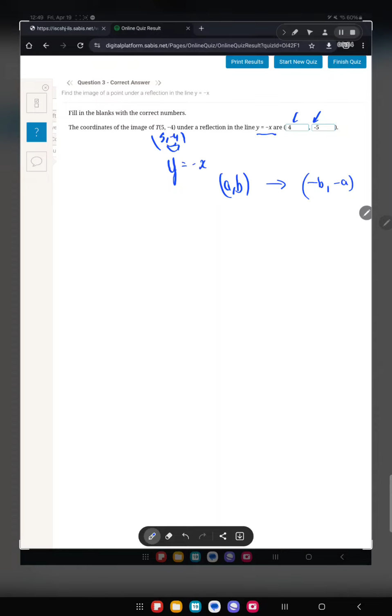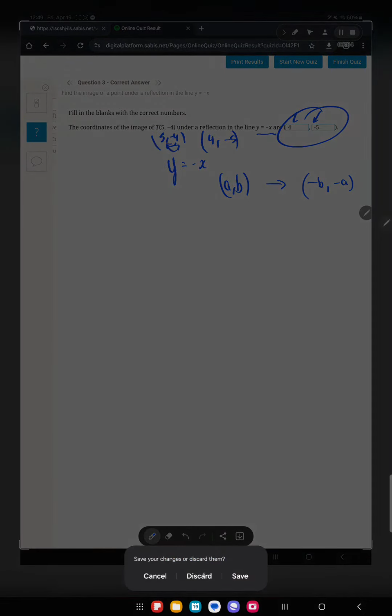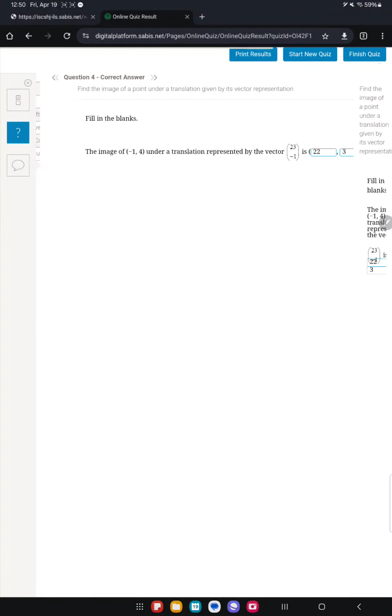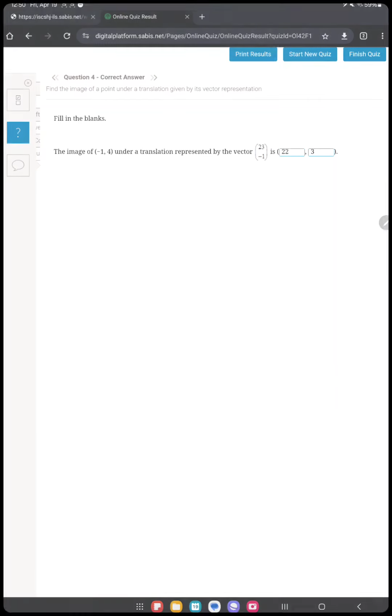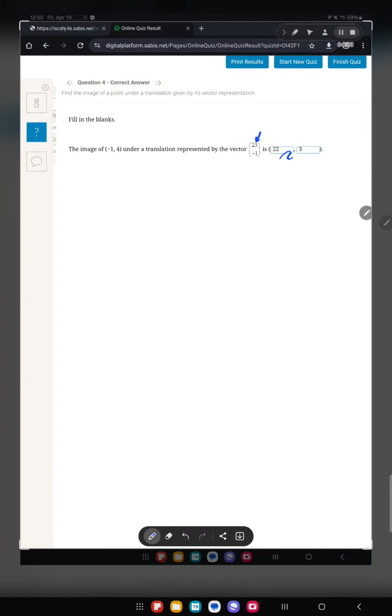Minus 4 becomes 4 and goes to the left, and 5 becomes minus 5. So (4, minus 5). If you have y equals x, you would just do (a, b) goes to (b, a).